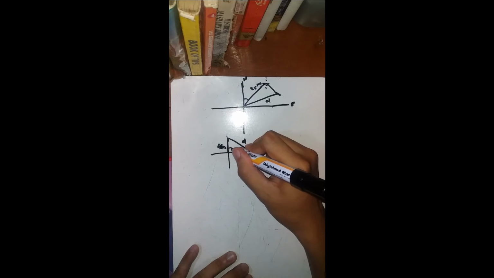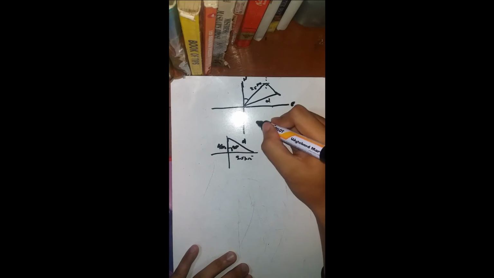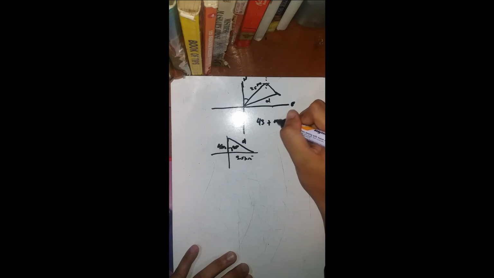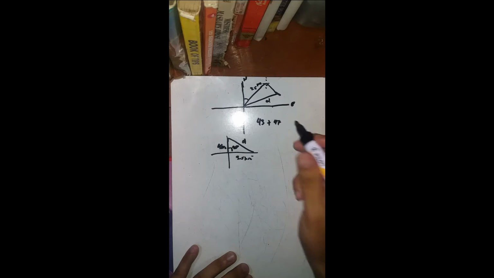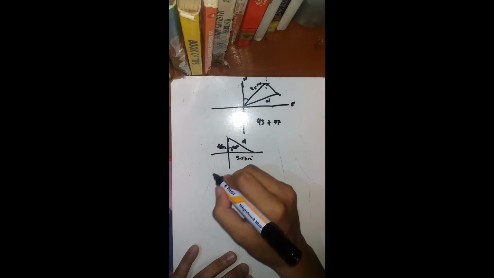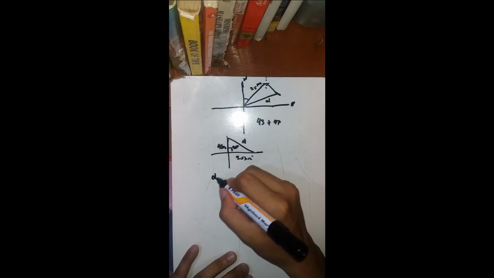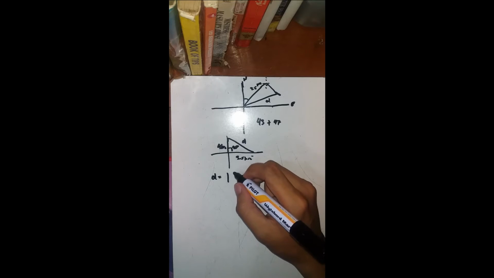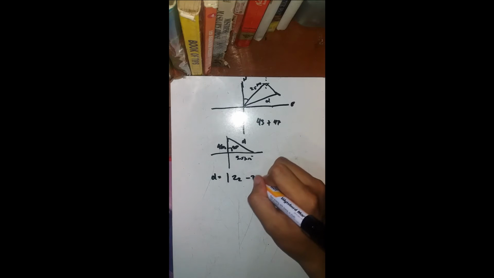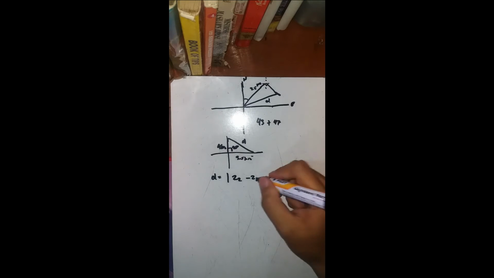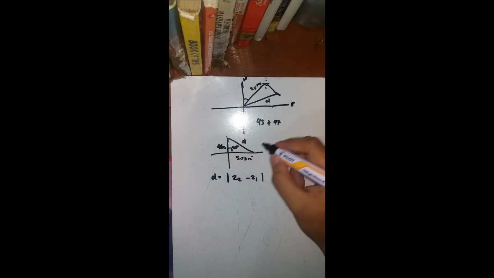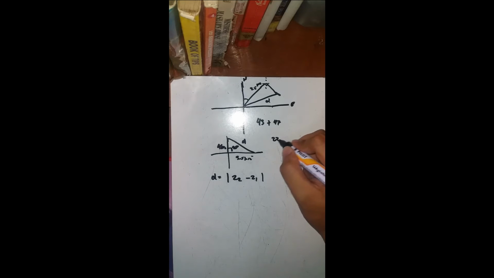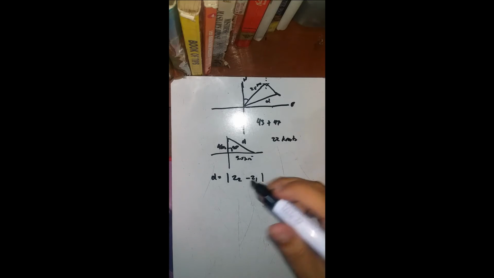We all know this is 90 degrees because 43 plus 47 is just 90, and the formula for the distance is just the absolute value of your z2 minus z1. Oh, I forgot that we have 22 knots, so you have to multiply this by your hours.